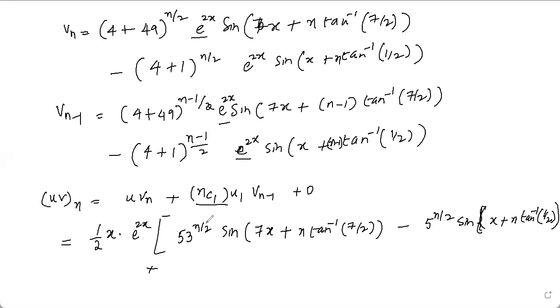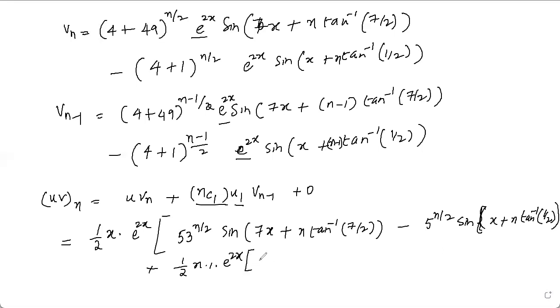And we have one more term, plus nC1. What is nC1? It is n. And u1 is 1, so n into 1. Again e to the power of 2x is common.